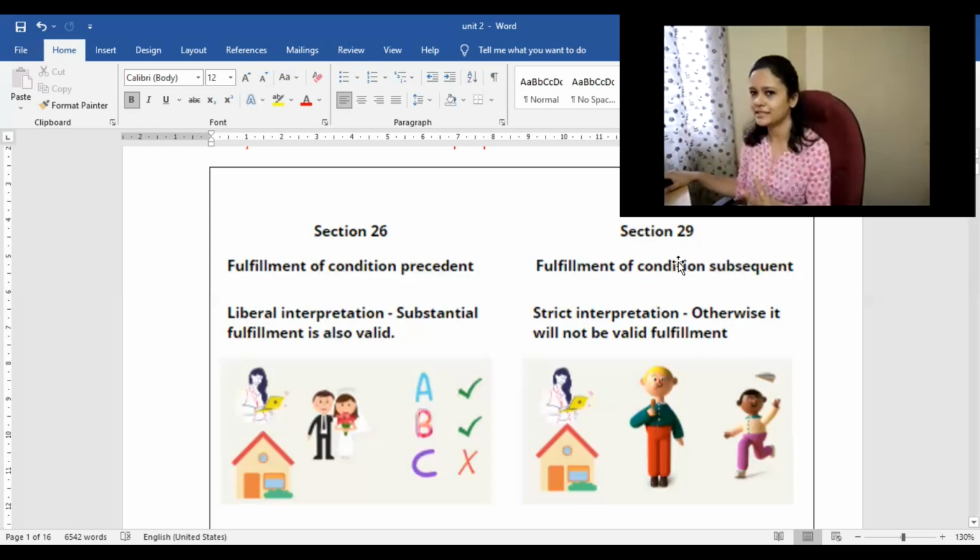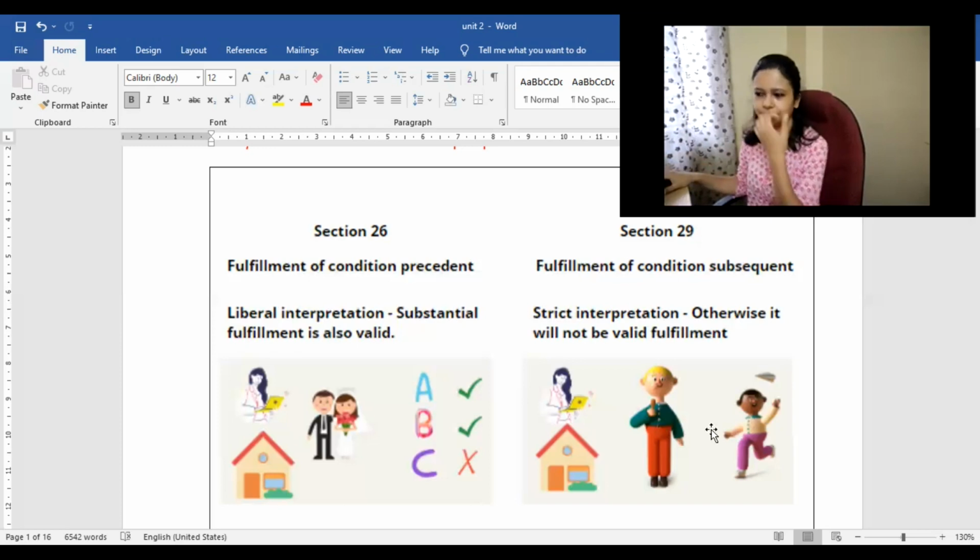The property is getting transferred, but there is a condition subsequent. Even if it is getting transferred, you have this condition that you need to fulfill subsequently. Otherwise, the transfer may revert to the original owner, or it may go to someone else also.